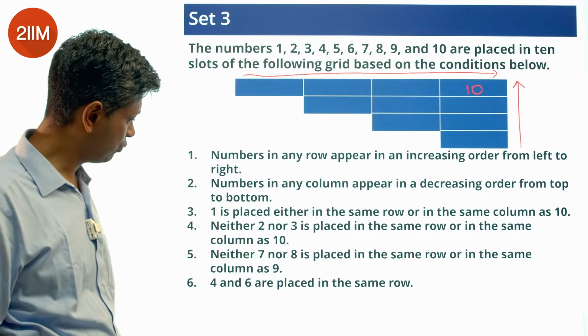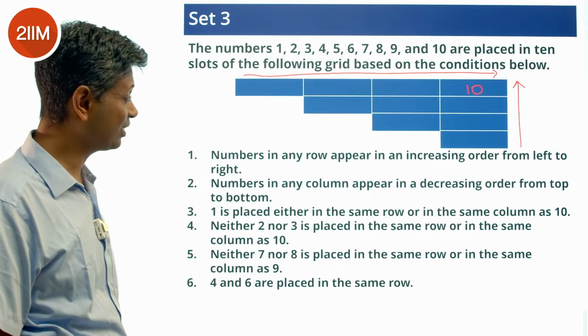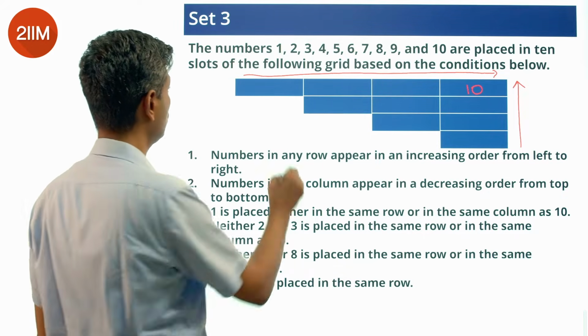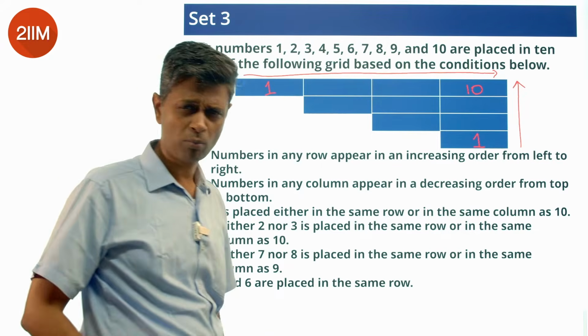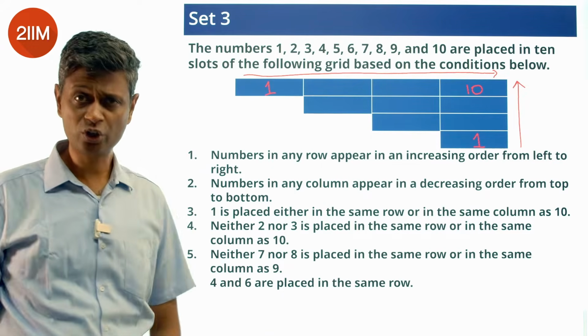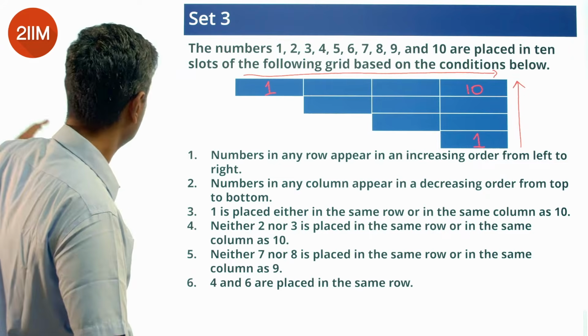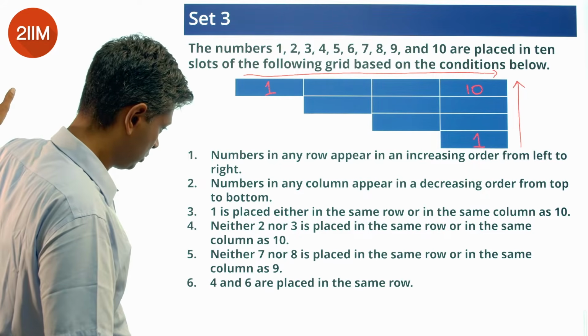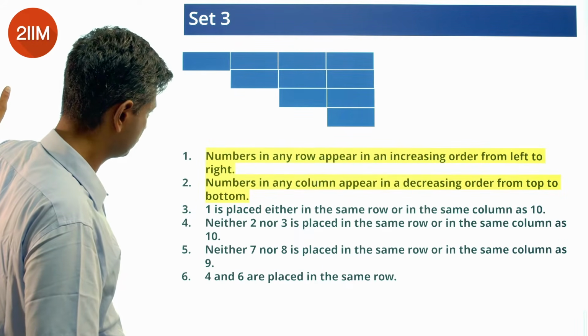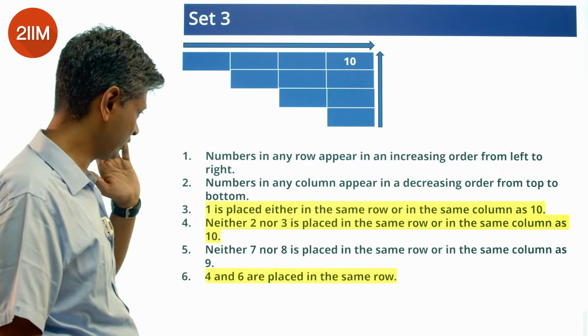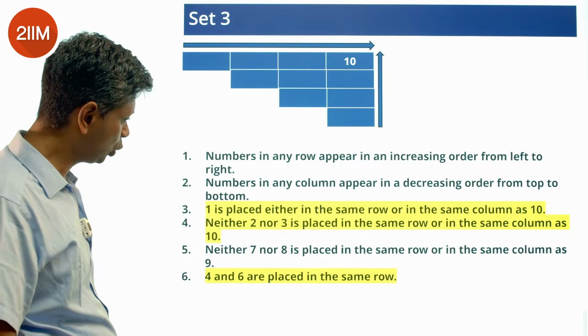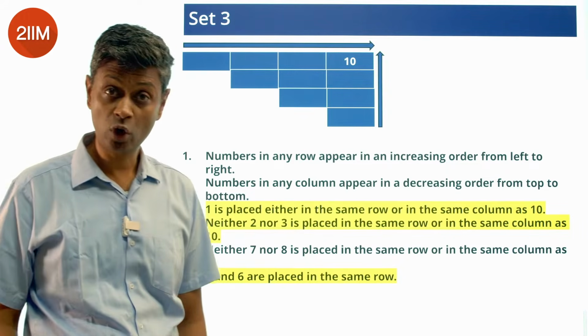That's very interesting. Now we know that 1 is placed in either the same row or the same column as 10. So 1 could be here or here. Smallest number in that row or column. Super. Now let's go. Located 10, increasing like this, increasing like this. Neither 2 nor 3 is placed in the same row or same column as 10.